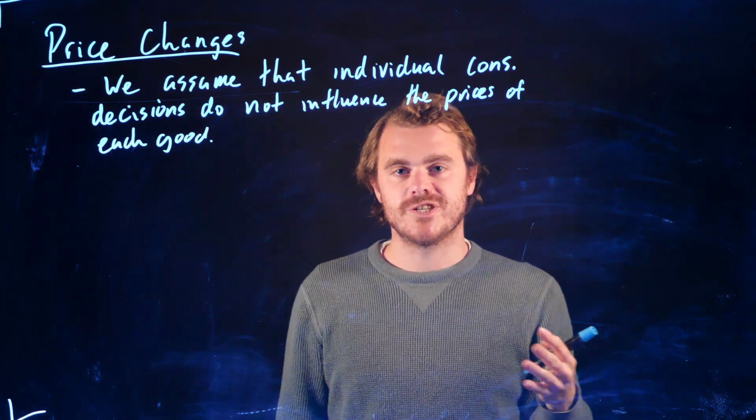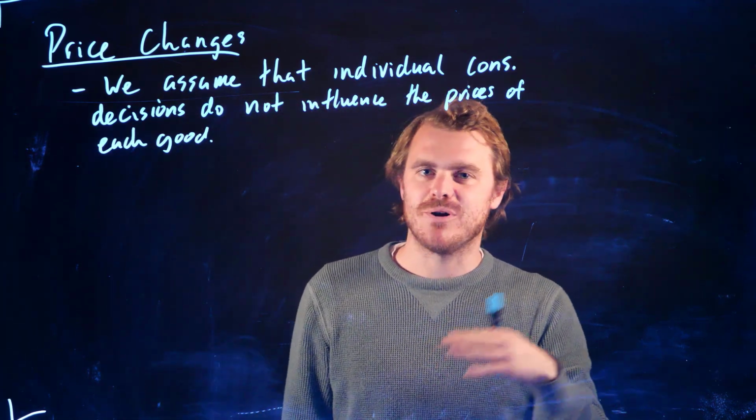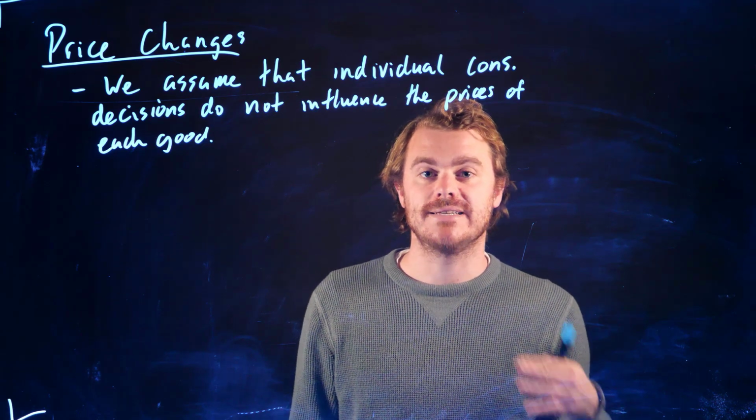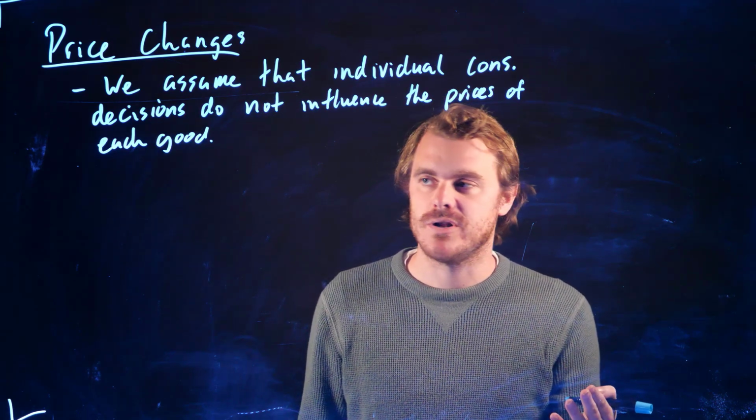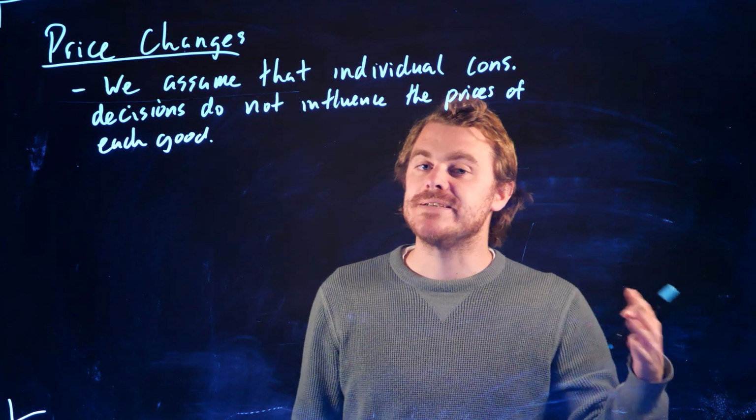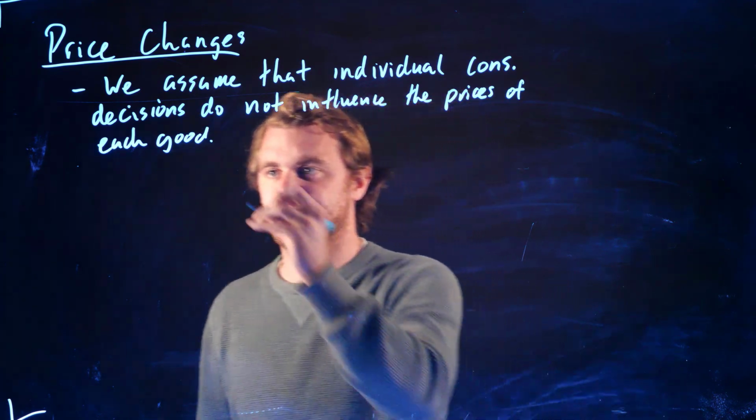So your decision about how many, for example, in that last example, how many tacos or soda to buy doesn't change the price of tacos and sodas. But these prices could change exogenously.